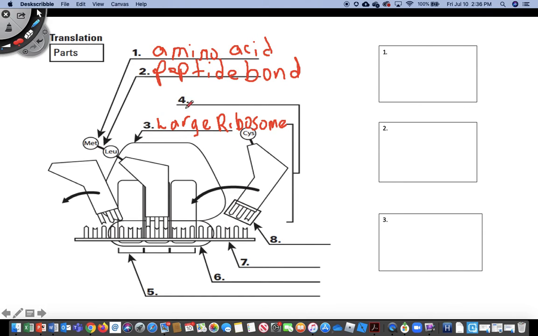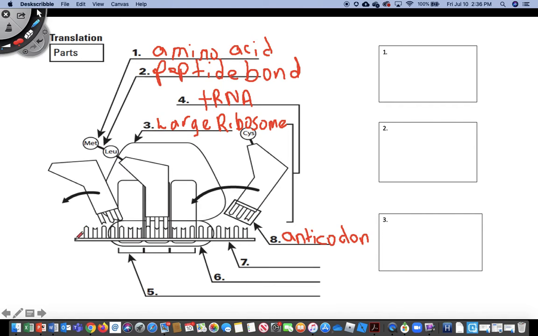Number 4 is pointing to this whole structure right here, and this is your other type of RNA known as tRNA, or transfer RNA, carrying the amino acid. We know that tRNA carries the amino acid on one end, and it carries the anticodon, or the sequence of 3 bases on the other end. So tRNA carries the anticodon on the other end.